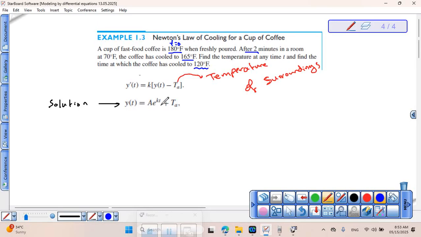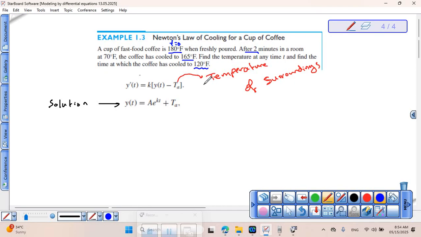This is the equation of Newton's law of cooling for a cup of coffee: y prime equals k times y of t minus Ta. What does Ta mean? Ta is the temperature of the surroundings, the temperature of the room, where we put the cup of coffee.